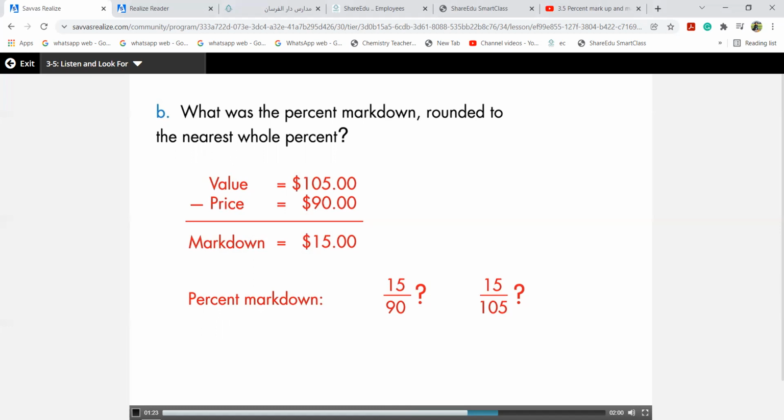Okay? Are you able to get it? See, everywhere here it is marked down and marked up. But finally, to know the percentage, you have to do part by whole times 100. Remember, percentage is part by whole times 100.